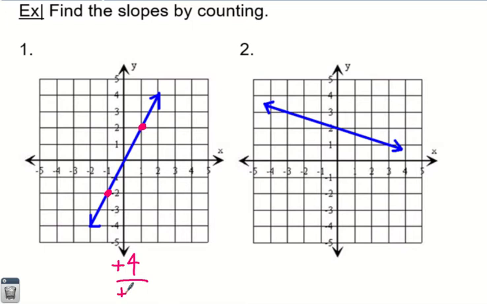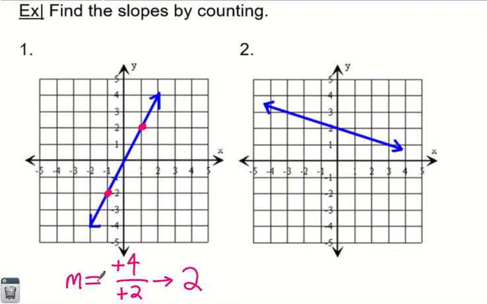It's positive direction. So my overall slope, rise over run, is positive 4 over positive 2, which is going to ultimately equal positive 2 over 1, or just 2. So m equals 2 is the final answer.